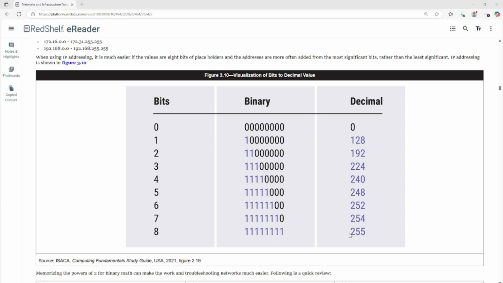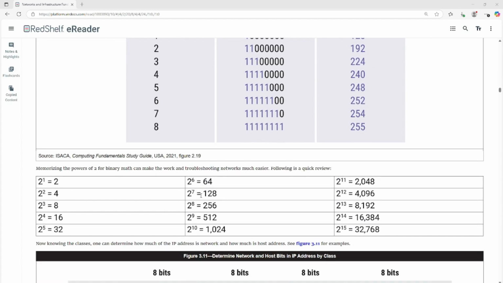It's got its full 8 bits, right? We all know it's a 255 range of IPs, and as it goes down, 7, 6, the number changes. This shows you how to memorize the powers of 2 for binary.